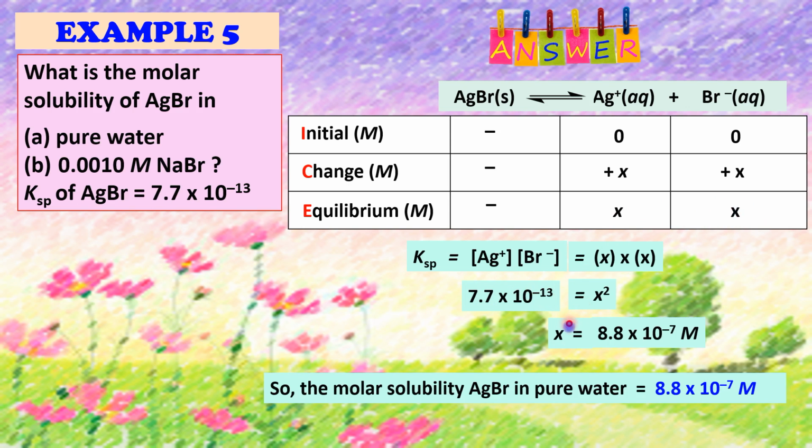From here, we get the value of X as 8.8 times 10 power negative 7 molar. The X value here is the molar solubility of silver bromide in pure water, so the unit should be molar, or you can write mole per liter.